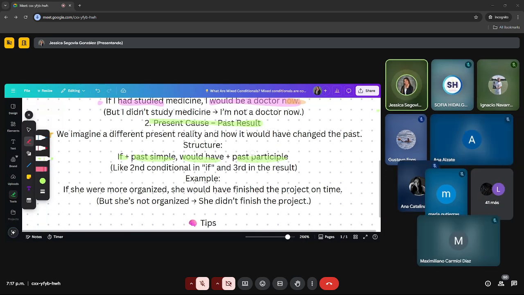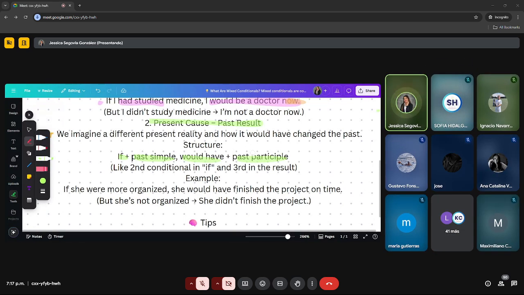Cuando estamos hablando de un mixed conditional, de un present situation, past result, la parte en la que comenzamos con el would have seguida por el past participle no puede cambiar. Esos tres detalles, esas tres partes de la oración tienen que estar juntas. Digamos que solo hay un would y después un past participle.